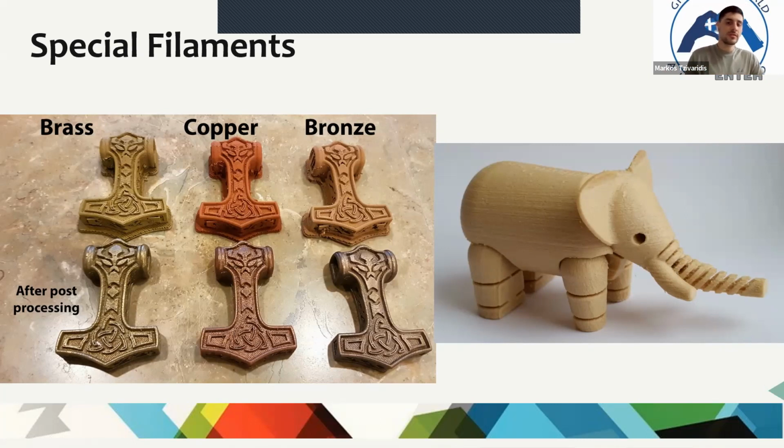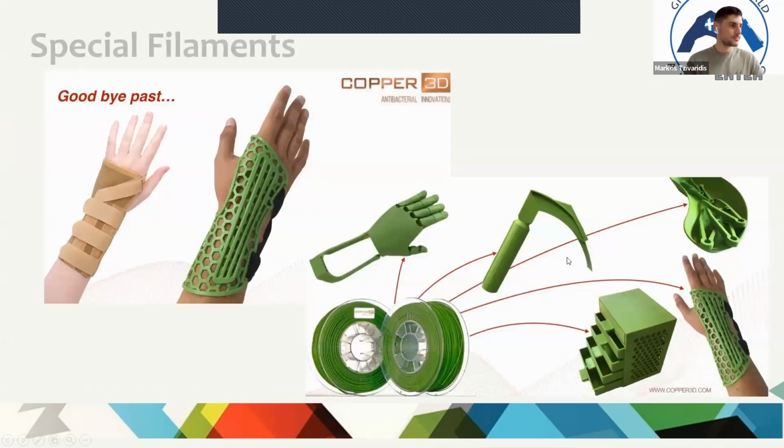This means that wood 3D printed parts can actually be treated like real wood. The picture here that you can see is not the finished product. So we have to do the post-processing with sandpaper in order to actually see, let's say, the grain of the wood.